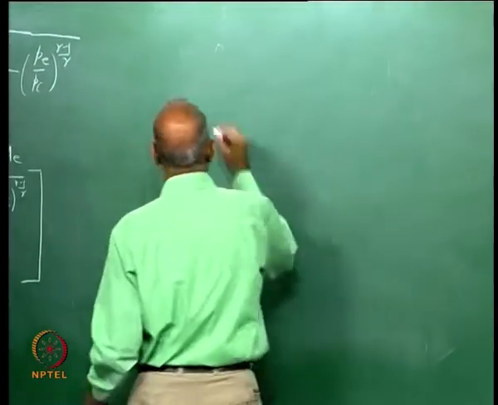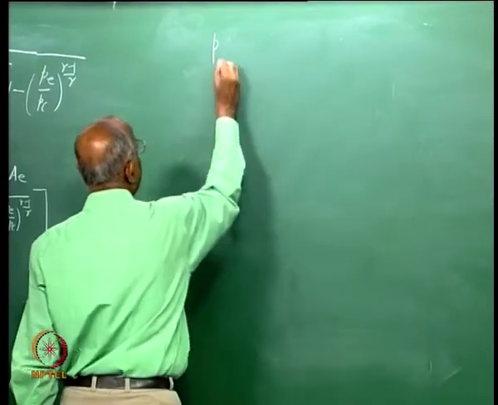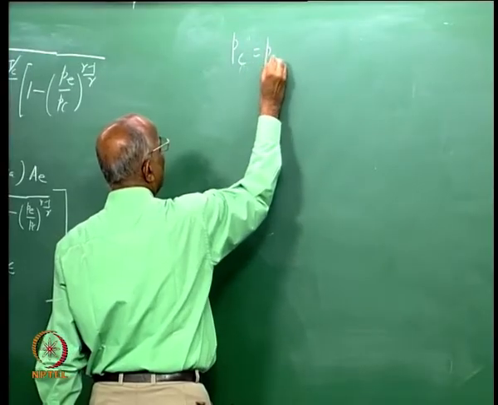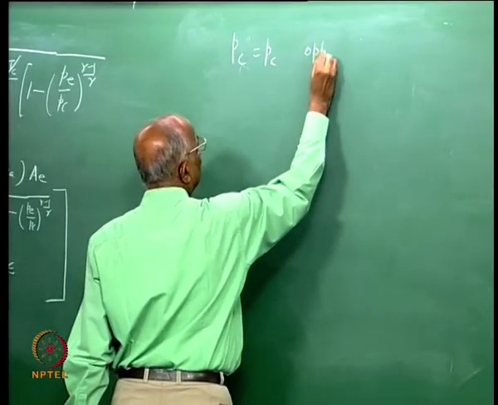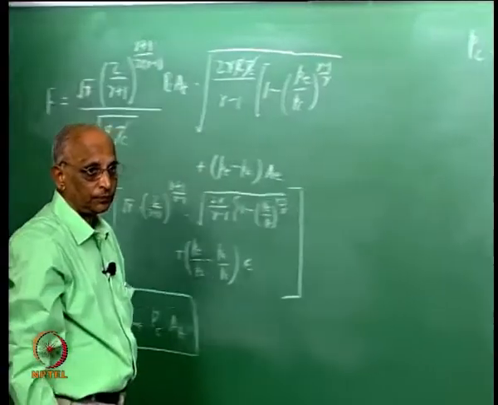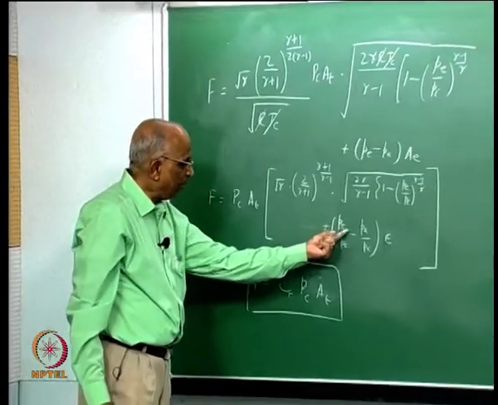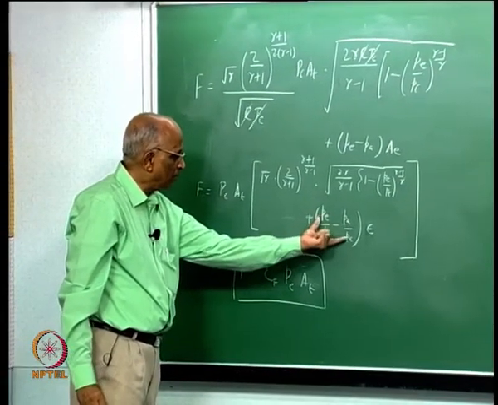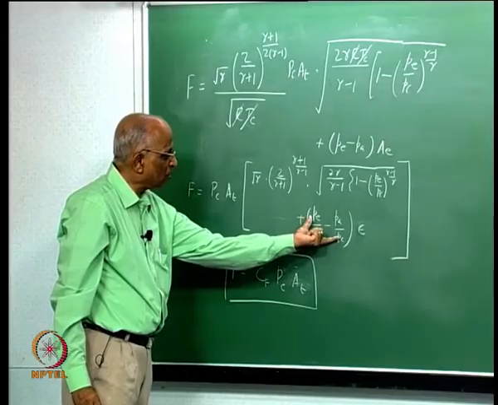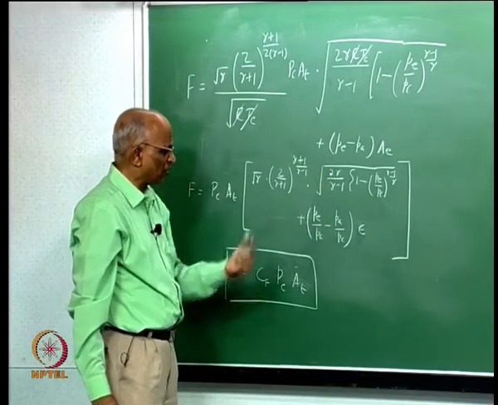I want to find out what the expression will be if we have Pe equal to Pa, for an optimum. The value of Cf, that is Pe equal to Pa optimum, then in this case this term goes to 0. In fact, let us compare these two terms first.